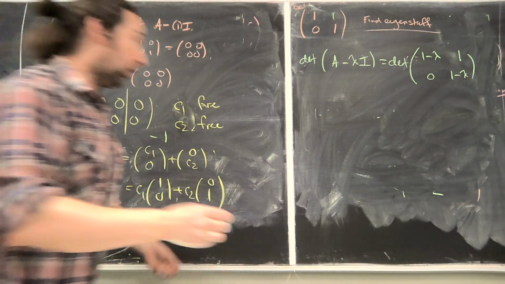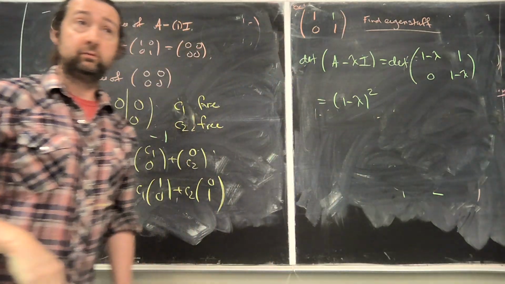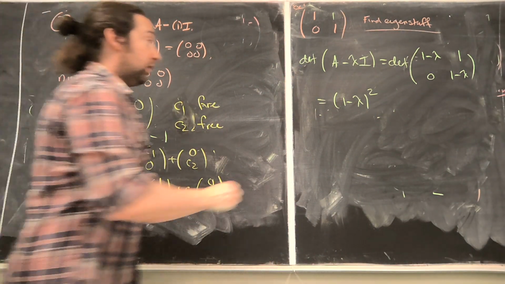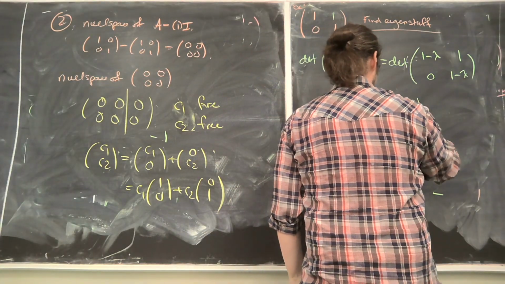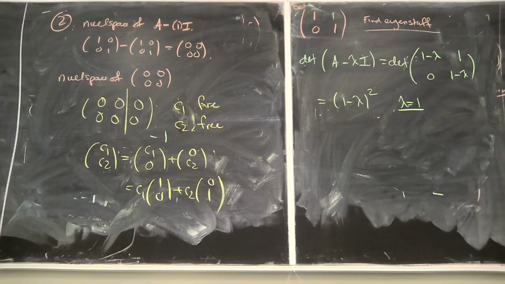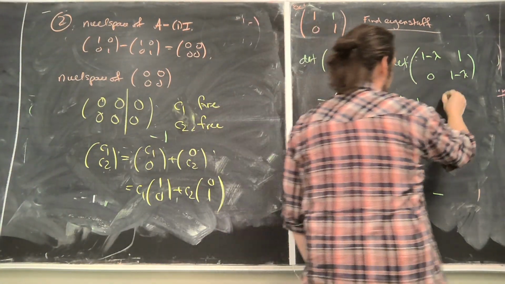That determinant is also 1 minus lambda squared, because you've got 0 times 1 over there on the other side. So this also has the eigenvalue lambda is equal to 1. I could say multiplicity 2 if I want to. I'm not. We haven't formally defined that yet, but it would be.